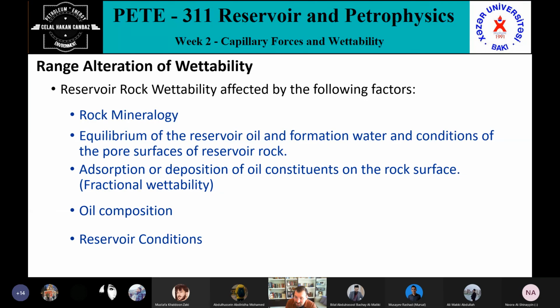But there are some oil wet surfaces inside the reservoir rock, forming a continuous bed, compared with these tiny smaller pores which are water wet. So we call this mixed wettability. Don't mix these two; fractional and mixed are different terms.